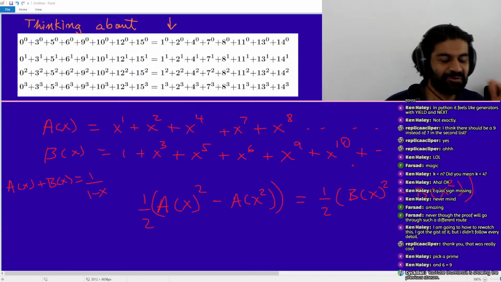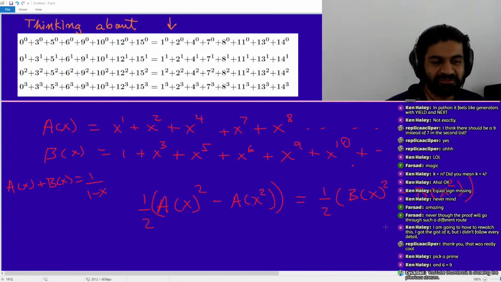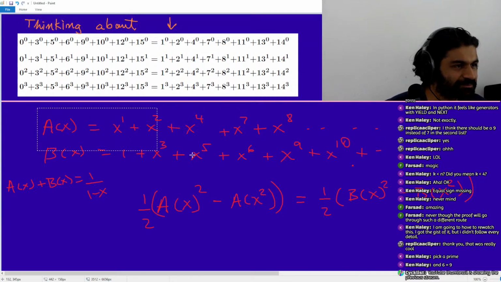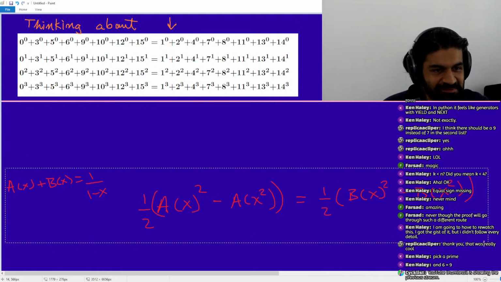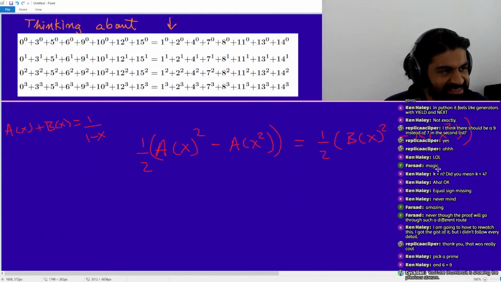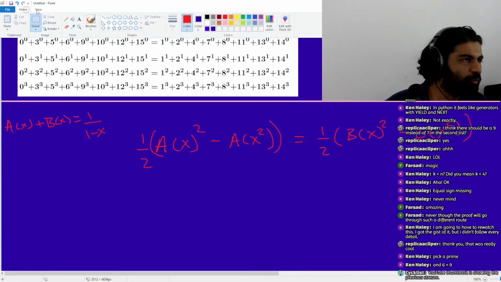All right. Regardless, saying that the pairwise sums from A and the pairwise sums from B are the same is the same thing as saying this identity. I'm just going to put this up top, and now we're going to examine this more carefully. So what does this mean?